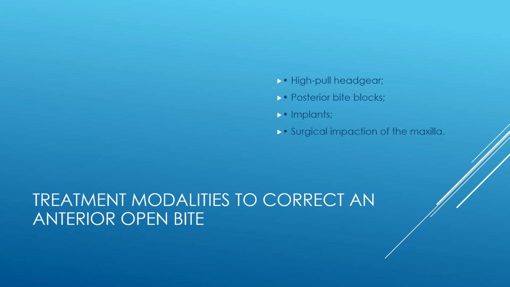If the main etiological factor is a digit sucking habit, as long as this ceases at an appropriate time, there can be complete and stable resolution of the anterior open bite. The main problem arises with anterior open bites that are skeletal in origin.